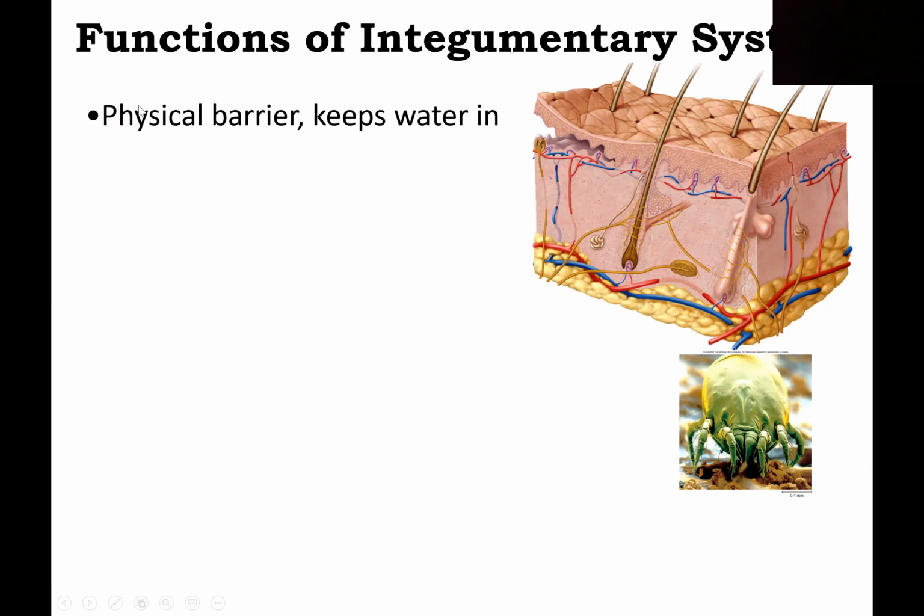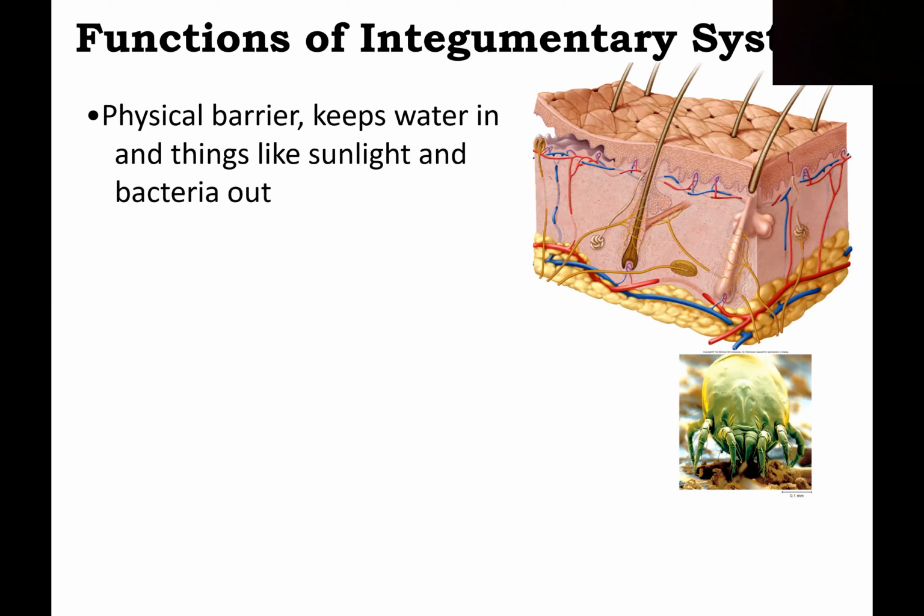First function, physical barrier. It keeps water in. It keeps things like sunlight and bacteria and other pathogens out. So if the skin is damaged, it means we can't keep water in and we can't keep the sunlight and bacteria and other pathogens out.